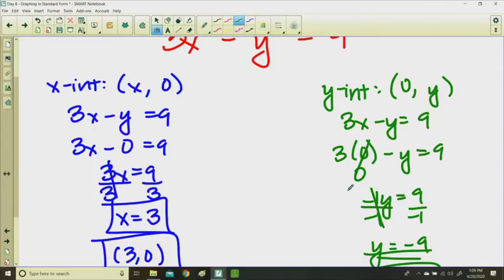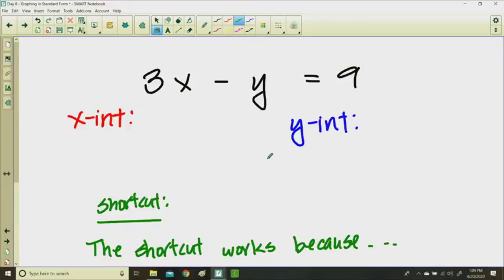It becomes 0. What does 0 do when you add or subtract it? Nothing. So the 0 here actually does nothing, right? So we already know that for x-intercept, y is going to be 0. So guess what I can do? I can just pretend it's not there because the y doesn't do anything when it's 0. So when I'm looking for x, the x-intercept, cover up y.